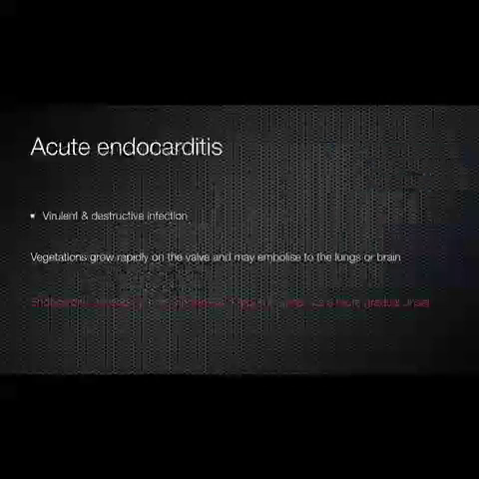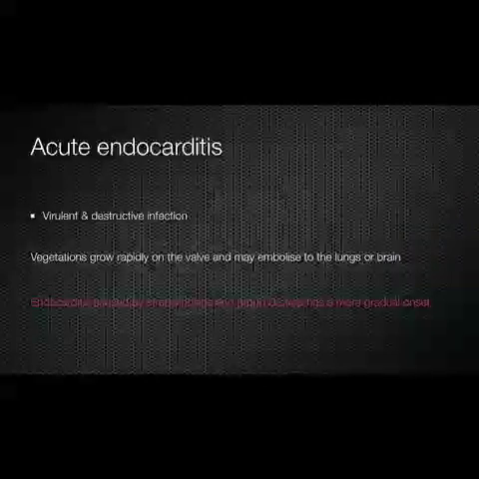So we've spoken a little bit about acute endocarditis already. It's quite a destructive infection, particularly destructive to the valves. It tends to present with very high fevers that may be high enough to cause severe myalgia, rigors, chills, and very severe headaches.